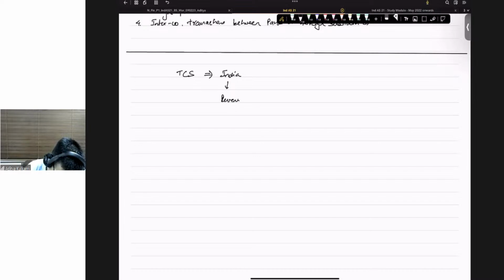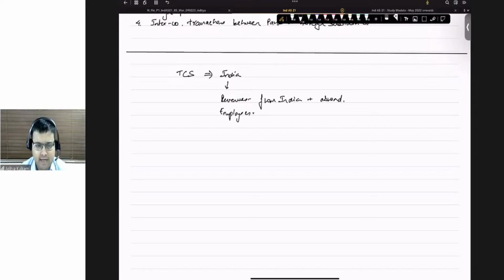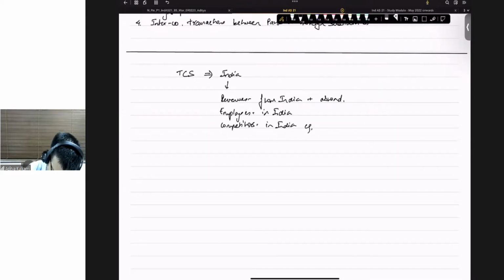Revenues of TCS are from India and abroad also, but from India plus abroad. Employees, I'm keeping a very simple case. I'm not saying employees go outside for project work, etc. Employees are in India. Competitors: most likely competitors are also in India. Example, Infosys.